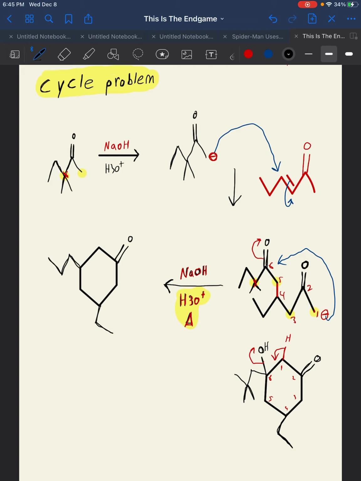Once again, always count your carbons. And that would be your overall product. Looks kind of crazy. I know this is as complex as they're going to get for cyclizations, though.